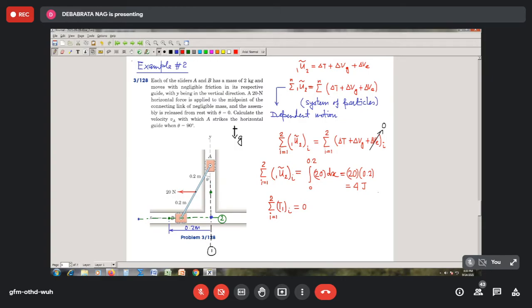Suppose instead of theta equal to 90 degree, someone asks what would happen when theta equal to 45 degree or theta equal to 60 degree, or any theta, what would be the velocities?